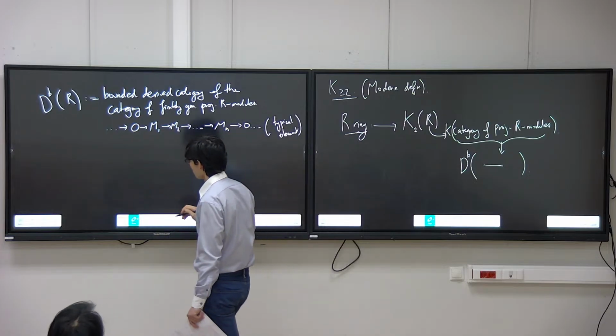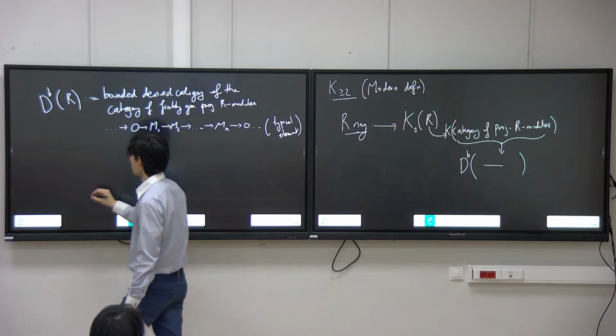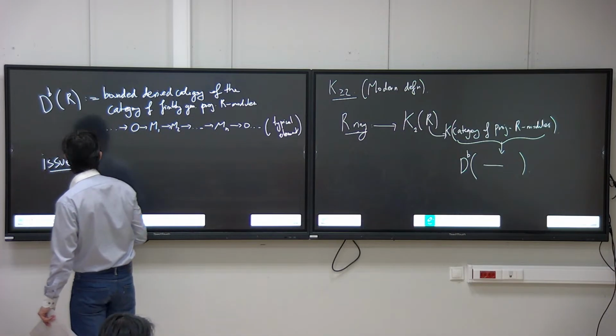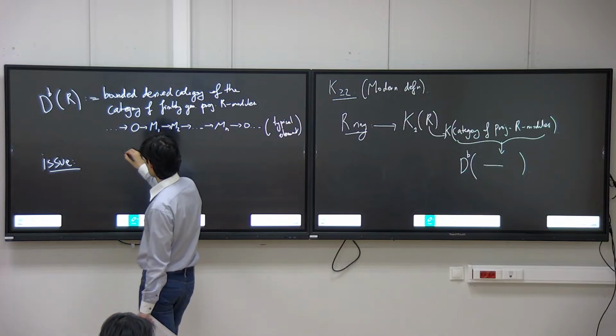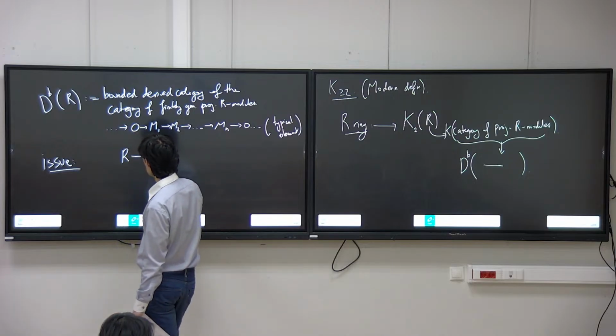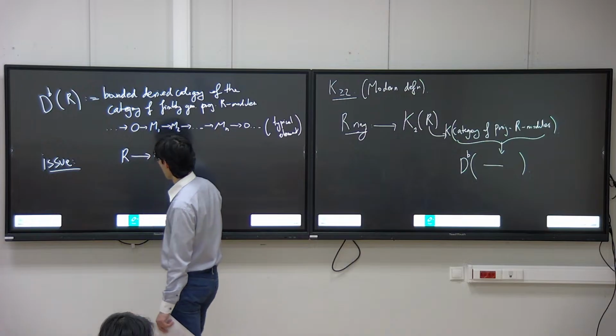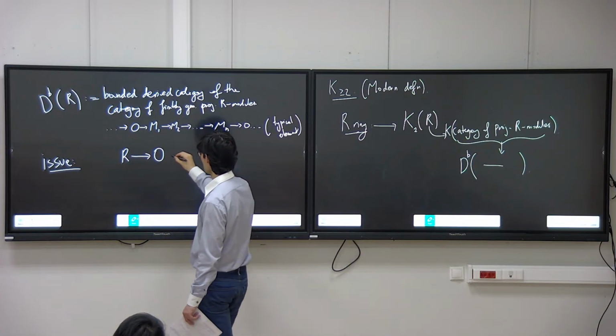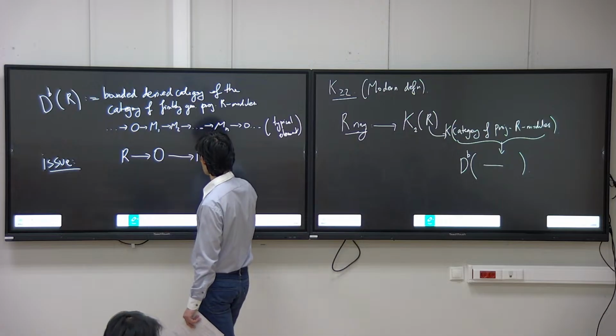In any case, you get the following issue. Take the map from R to 0 and consider its cone. This is just R of 1.